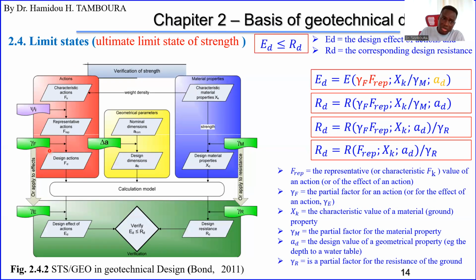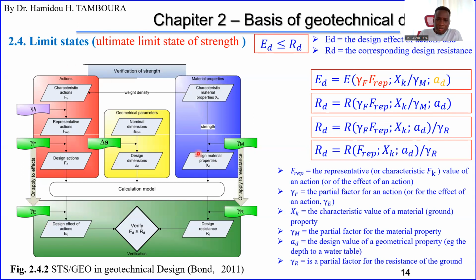You use the action, and you multiply the action by this partial factor, or you use the effect of the action, meaning bending moment, for example, or the shearing force in the ground. In that case, you have to use this gamma E, the partial factor of the force effect. Okay, this is for the action.